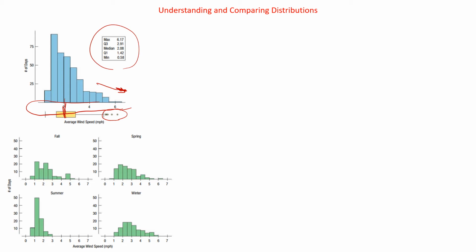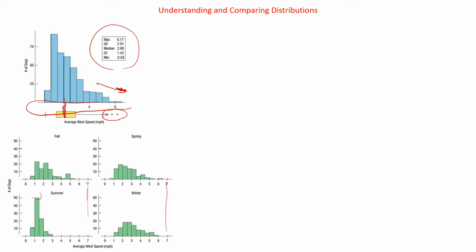A couple things to notice here: notice the x-axis for all of these are the same. We're always going 0 to 7 in the exact same distance even, right? It hits 7 at the same time. So the x-axis is the same, but also the y-axis is the same. It goes up to 50, even though only this one actually gets up to 50.